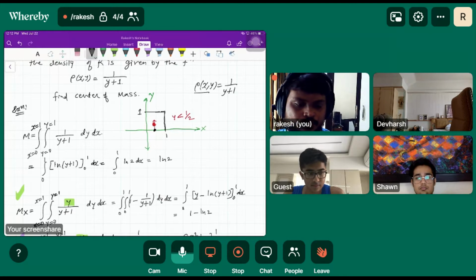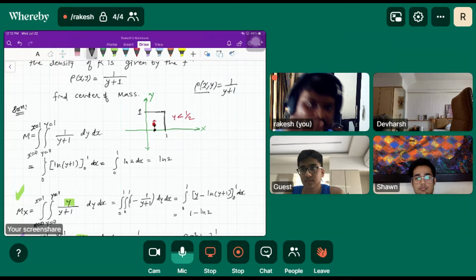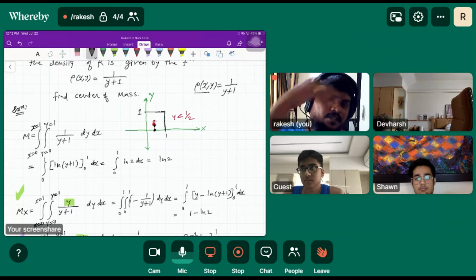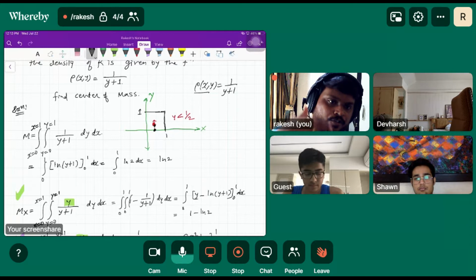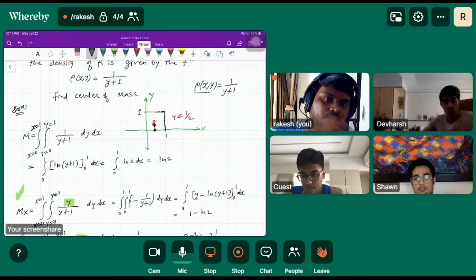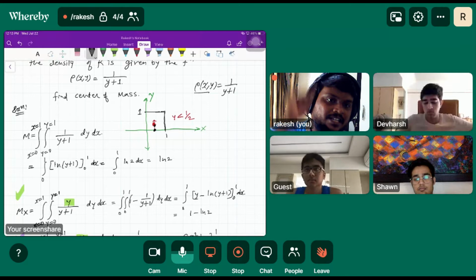If you go along the y direction, if you put any value more than 0, then obviously the mass density function is decreasing along the y direction. Are you getting that? Because you will increase the denominator, and if you increase the denominator, the mass density function will decrease.